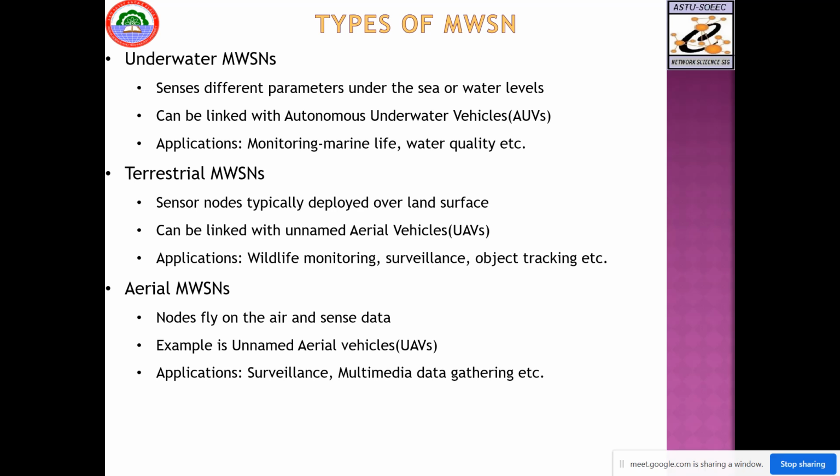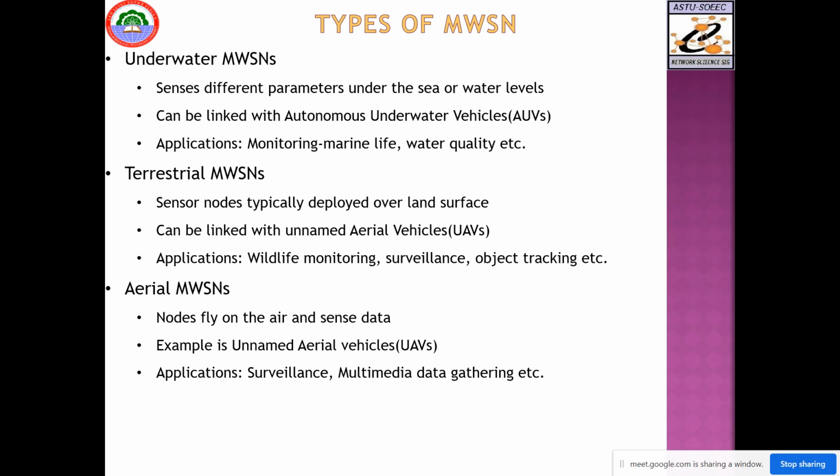So when we are moving from one location to another location, by default the sensor is also moving. Likewise, when the nodes are deployed, we can have the movement. As we discussed in the previous lectures, again there are applications like wildlife monitoring, as well as surveillance and object tracking.